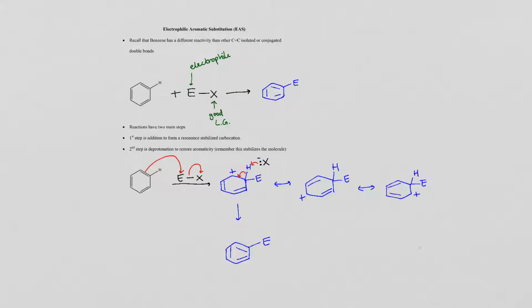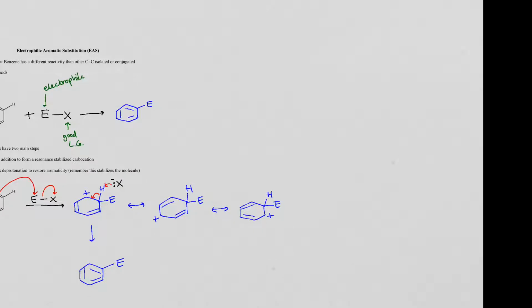I think it's worth pointing out really quick that this does not happen. So if we have a benzene ring, right? And let's say we have just the same E and X. Okay?